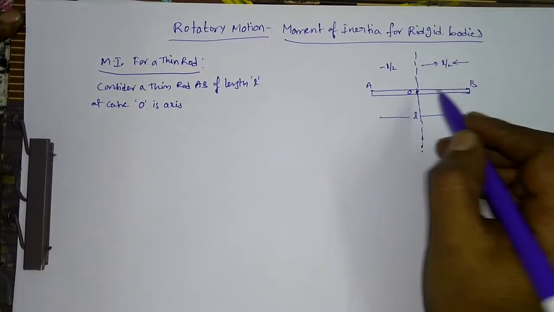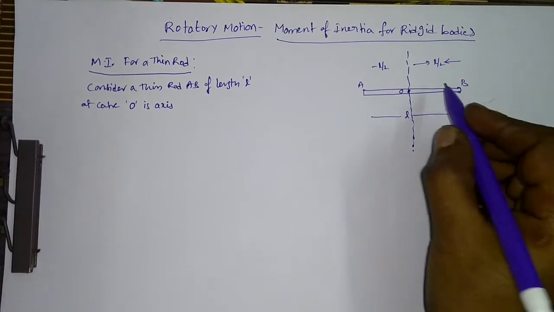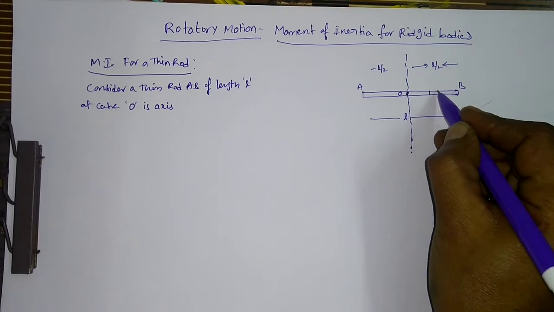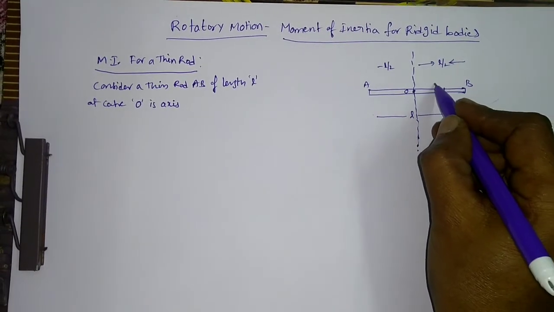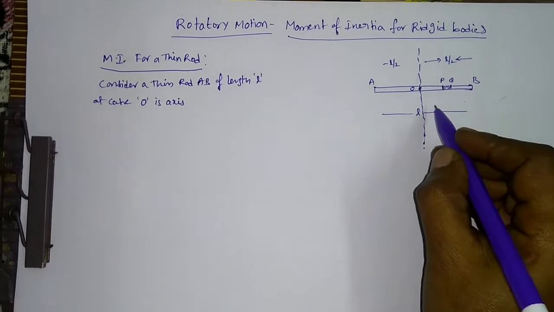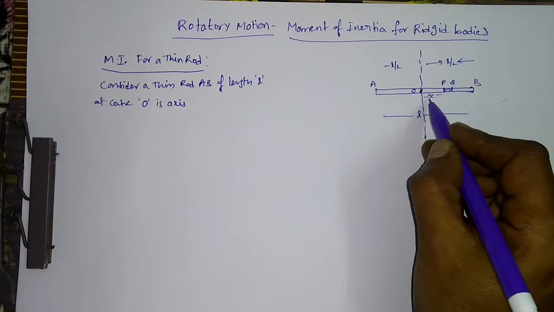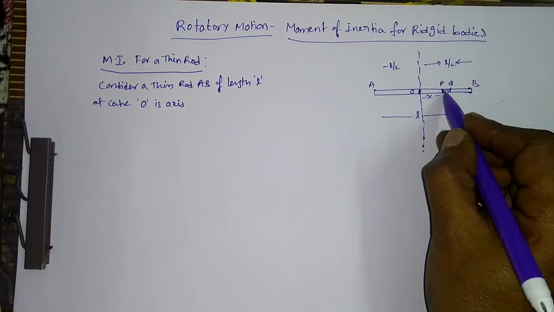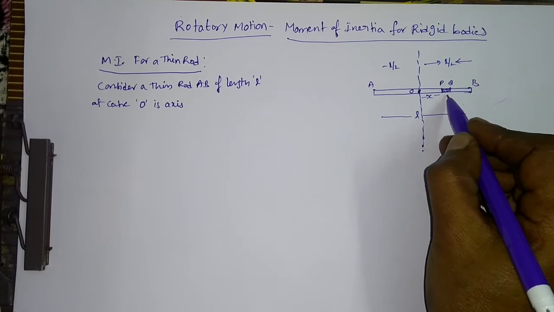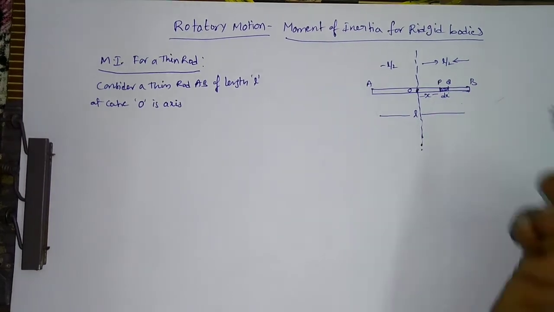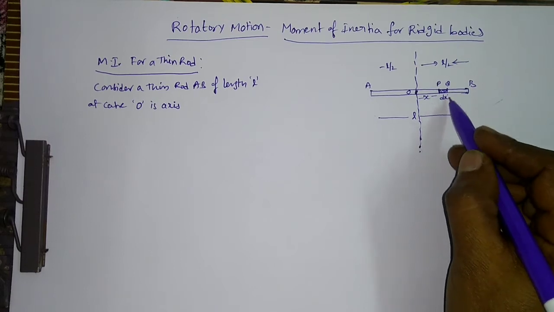Now I consider a small element in this thin rod, named PQ, at a distance x from the axis, with length dx. I determine the moment of inertia for this small element.